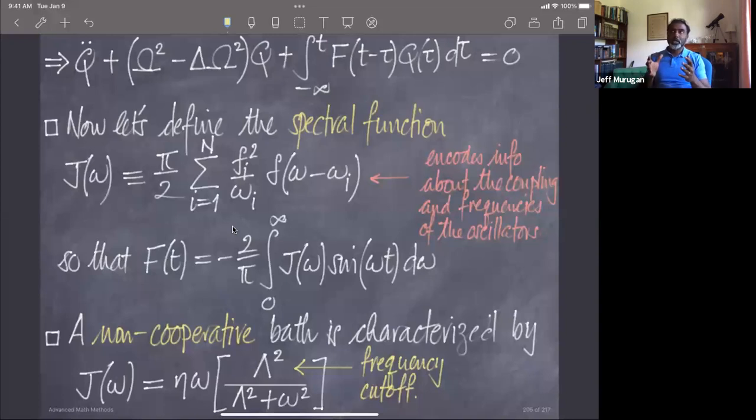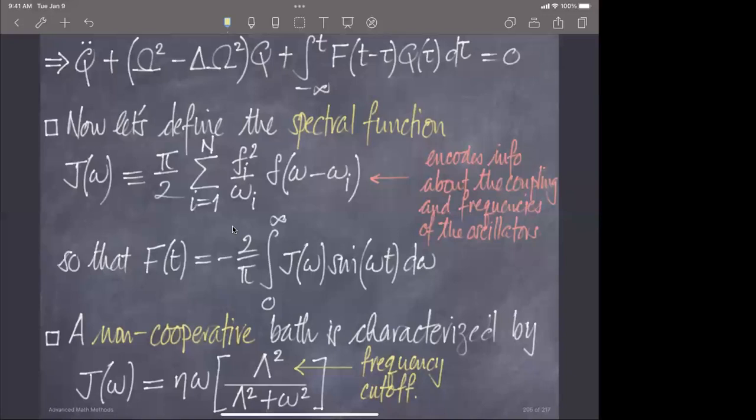So in some sense it's a memory of the system, and by the system here we mean the bath. It's a historical term that comes from electrical engineering.